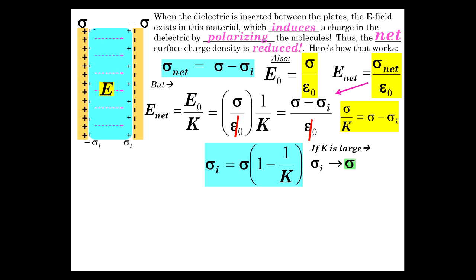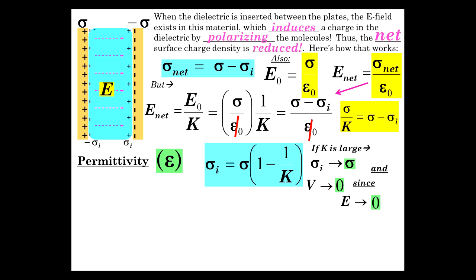So sigma I approaches sigma, and if that happens, then this induced charge density is comparable to the original, and they tend to negate each other, which means that the potential difference across the two plates goes to 0 because the electric field is going to 0. Catching all that?